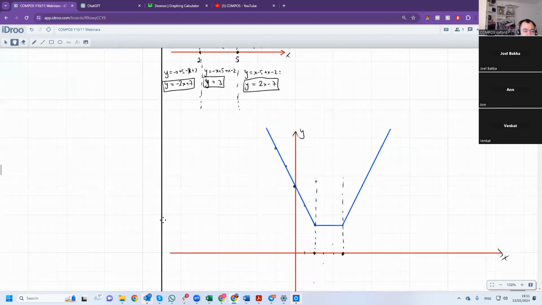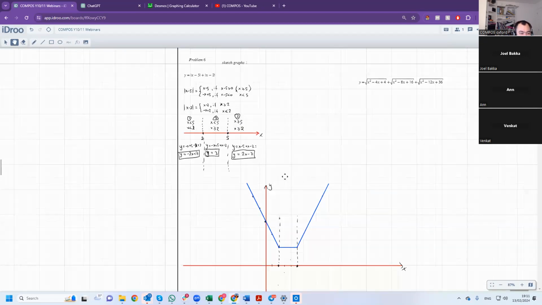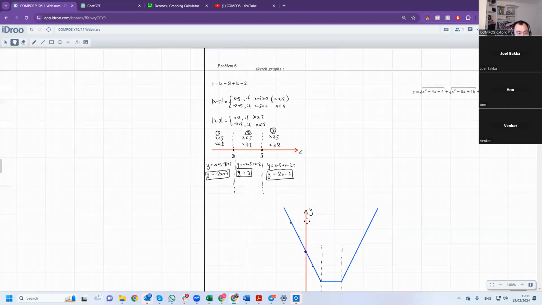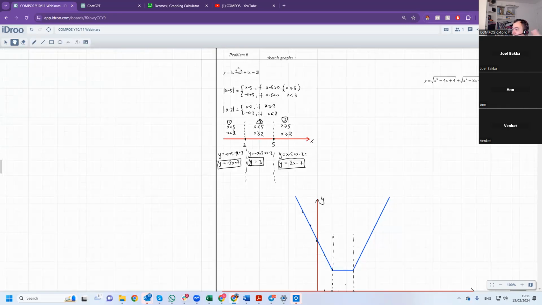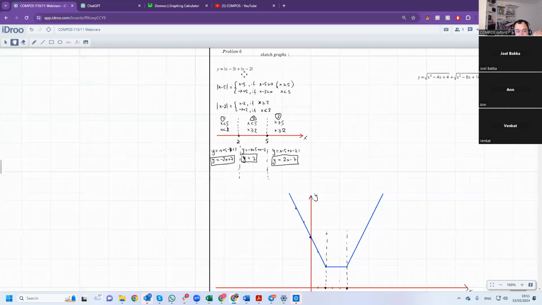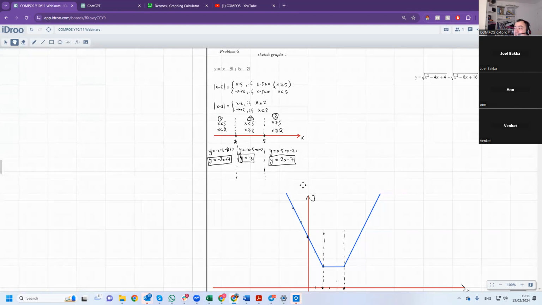So this is the graph of this function. It has 3 separate sections, depending on how the modulus is opened. Does that make sense?